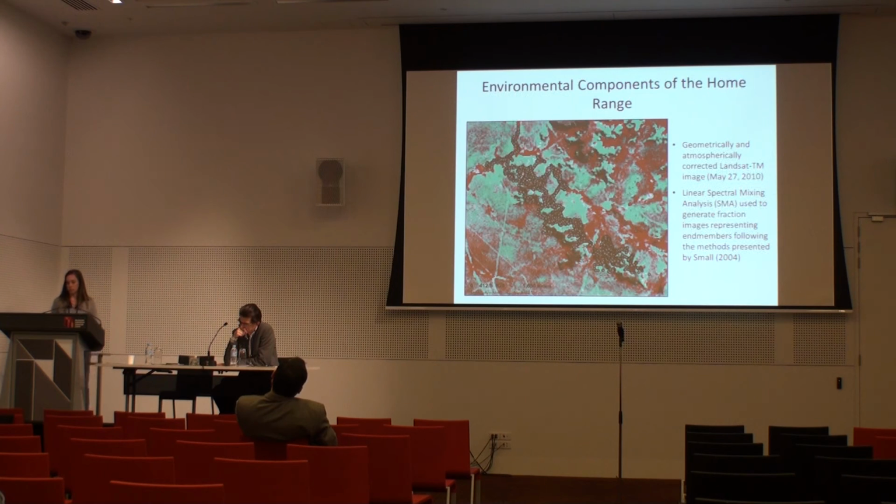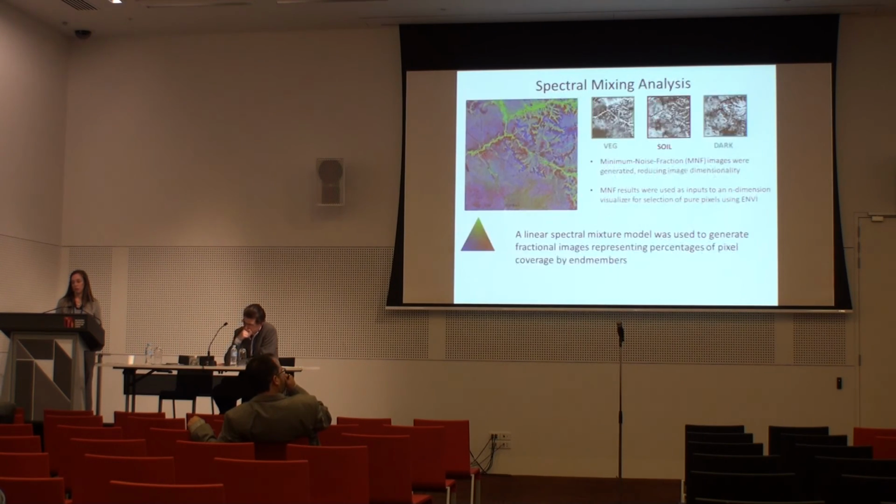So I mentioned this spectral mixing analysis a moment ago. This was done using a Landsat image that was geometrically and atmospherically corrected, and we produced fraction images representing endmembers in the environment.